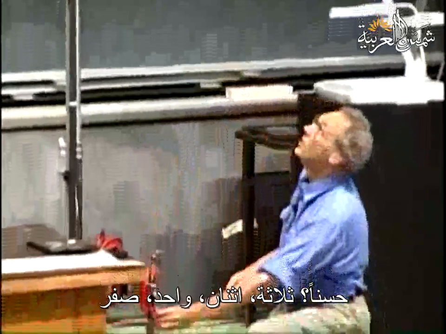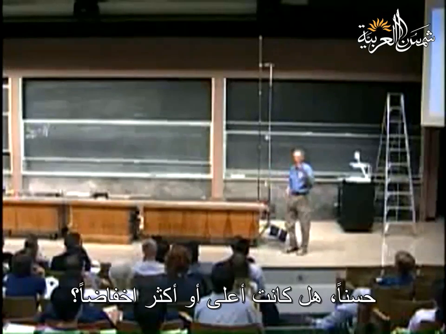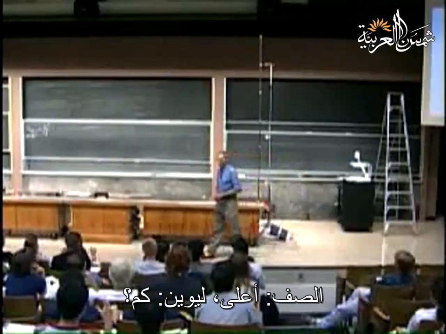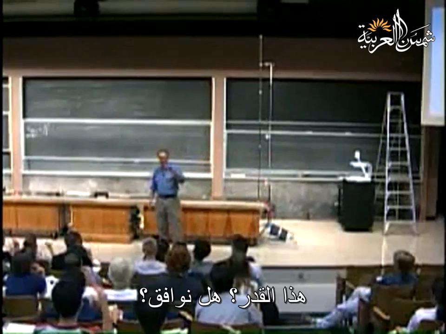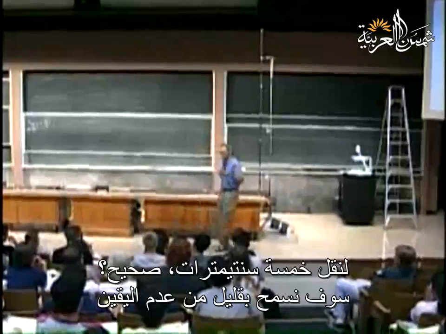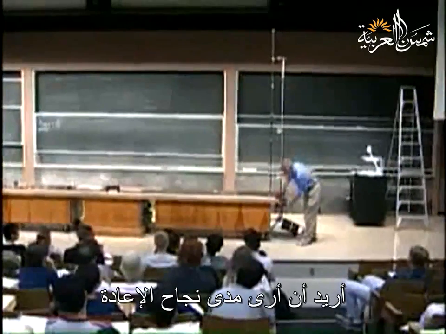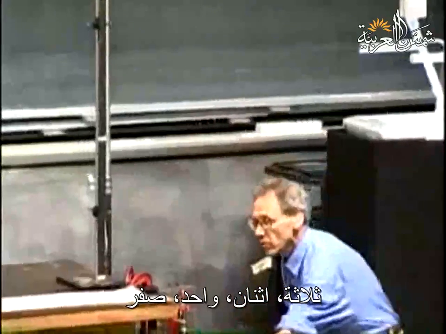Okay? 3, 2, 1, 0. Okay, was it higher or lower? How much? This much? Do we agree? Let's say 5 centimeters, right? We're going to allow for an uncertainty. I'll do it again. I want to see how well it reproduces. 3, 2, 1, 0.